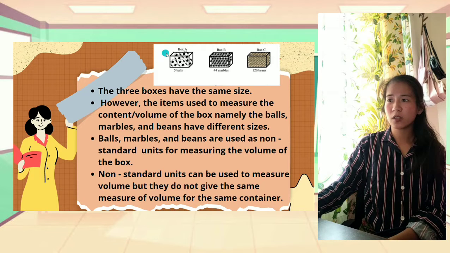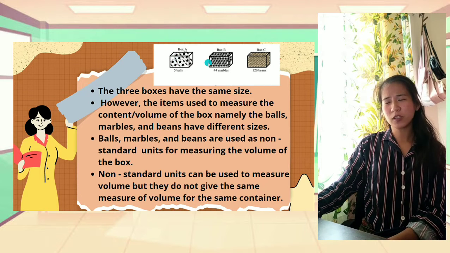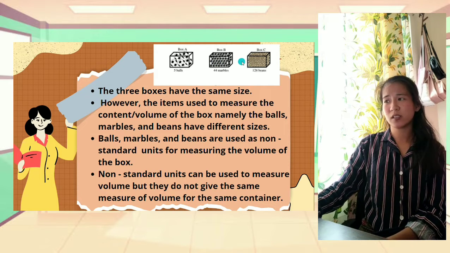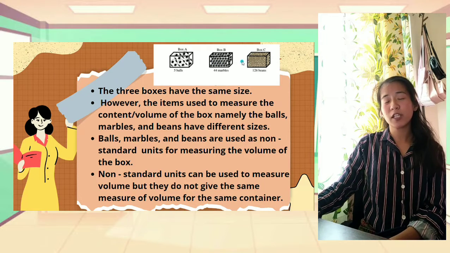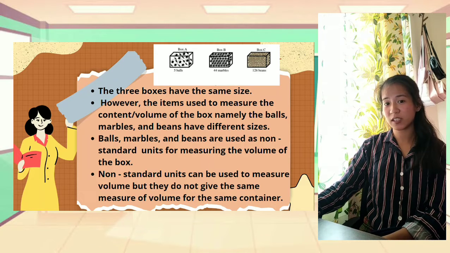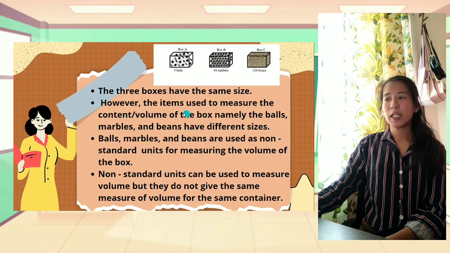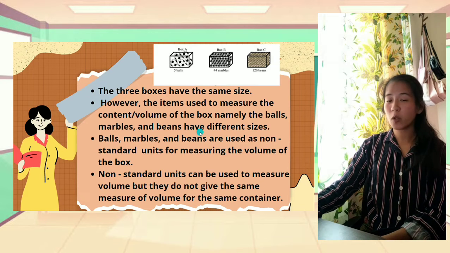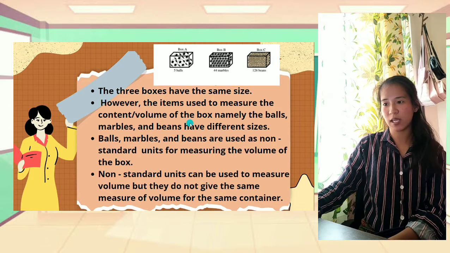It is because, look at the picture: the ball is bigger, while the marbles are smaller, and the last one, the beans, is very small in size, right, class? In measuring volume, these items always have different sizes.